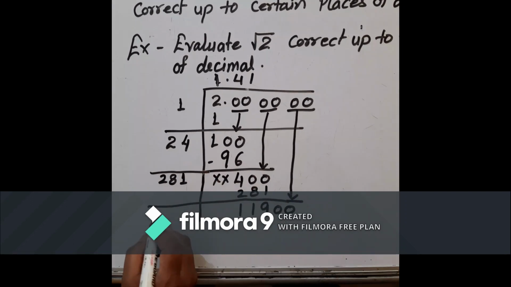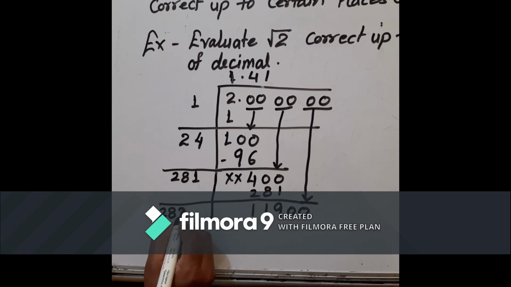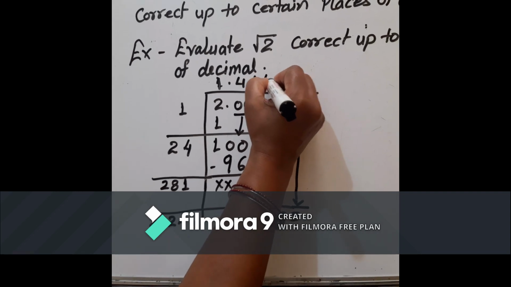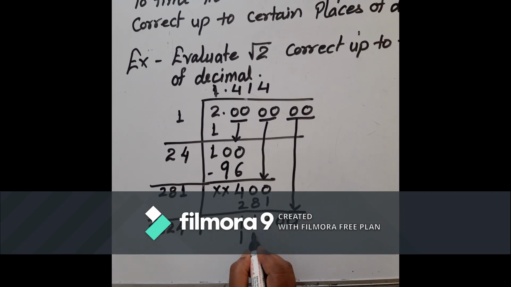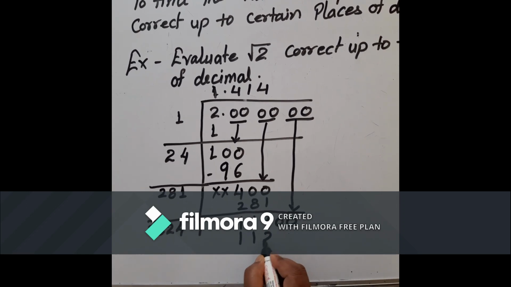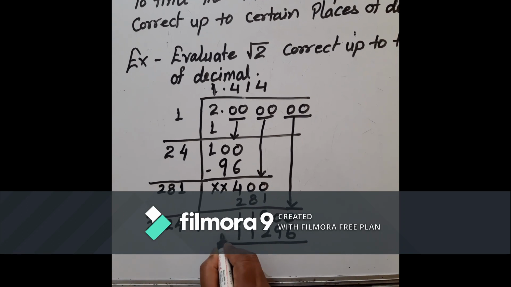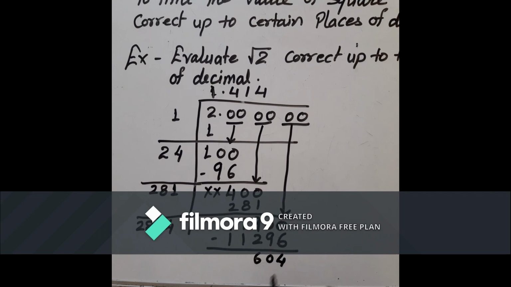Then 281 plus 1 is 282, and here we take 4 because 5 is more than the number. Then subtract and here 604 comes.